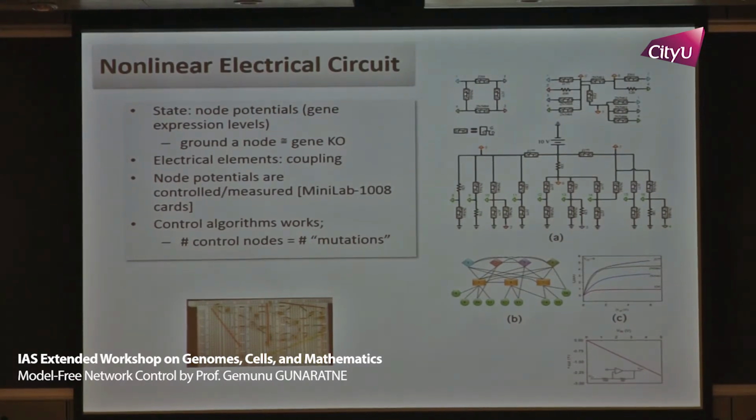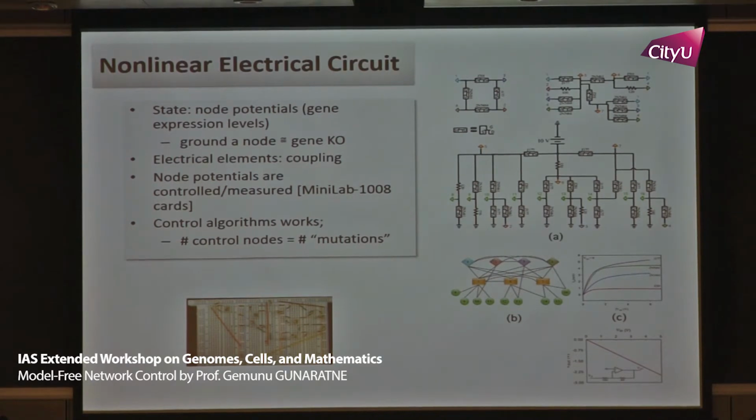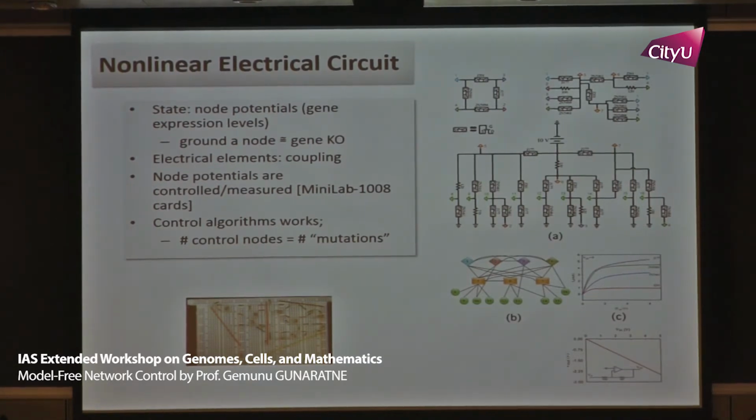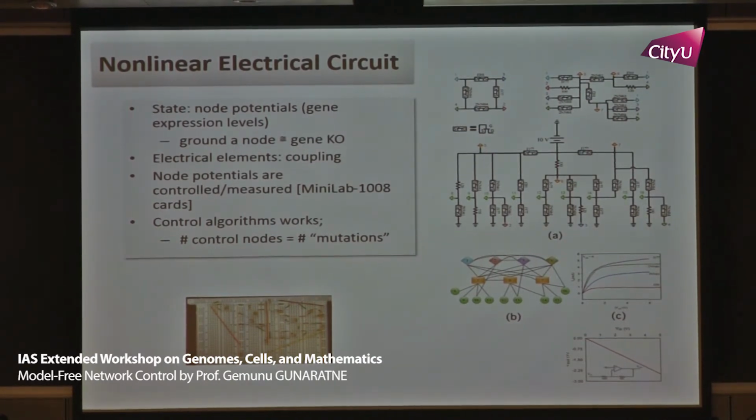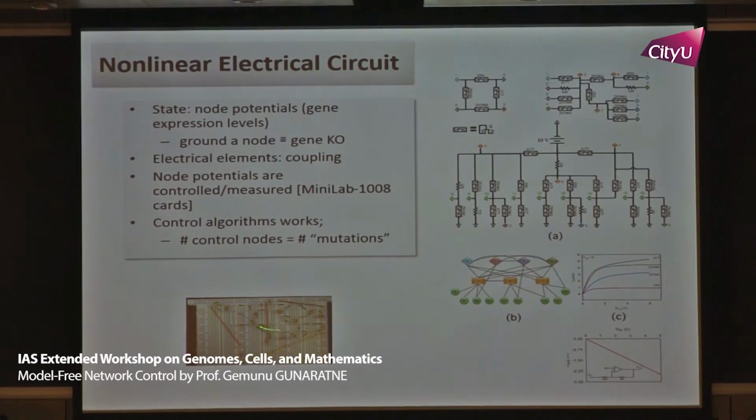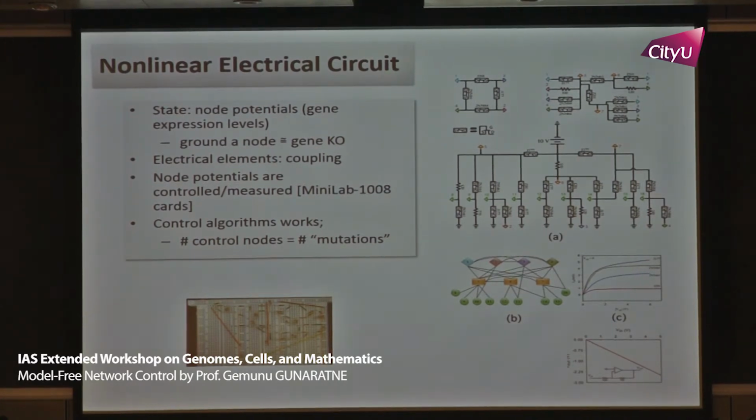So basically what we did was create this nonlinear electrical circuit, and then the node potentials in this system could be controlled using a little board. We controlled this at 16 nodes, and since then we have gone up to about 40 nodes. So we control a few of these nodes and measure the rest.